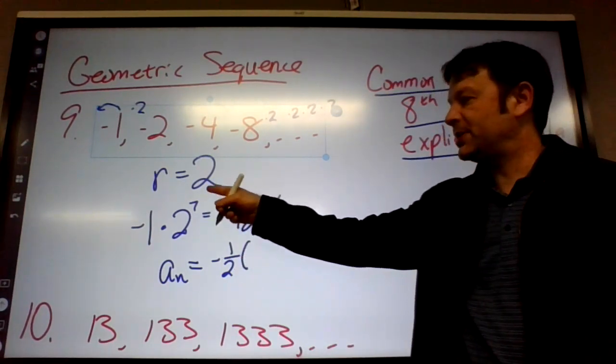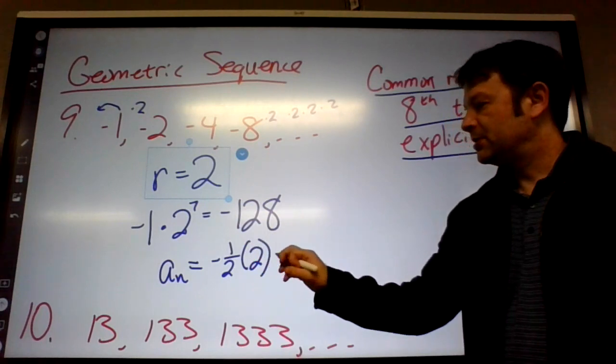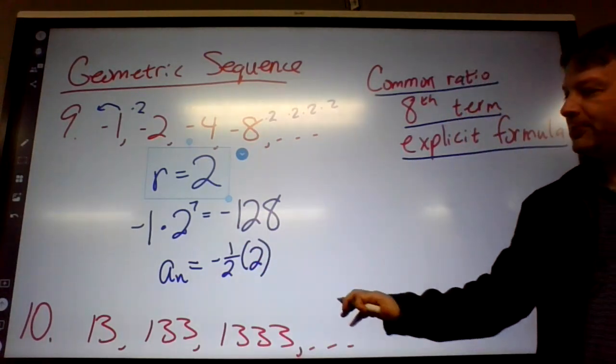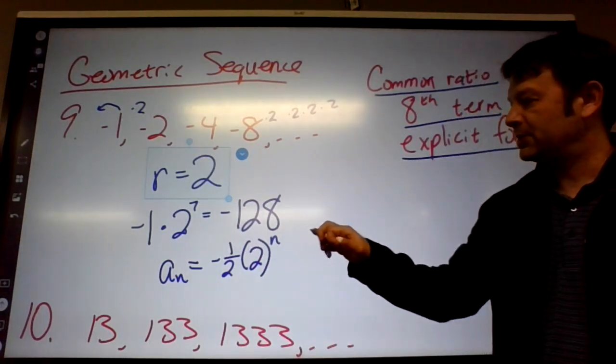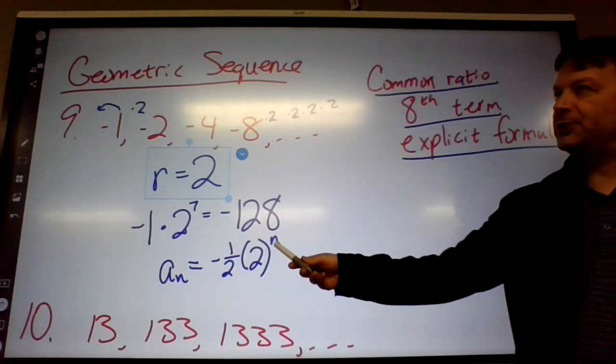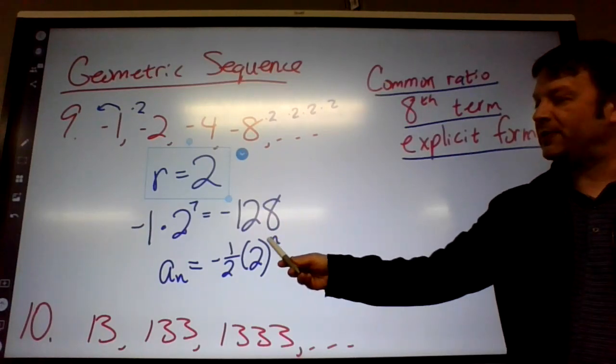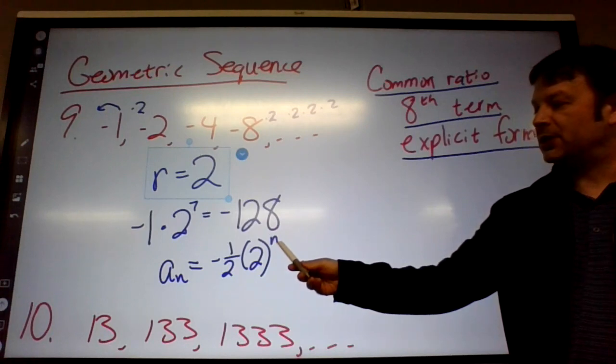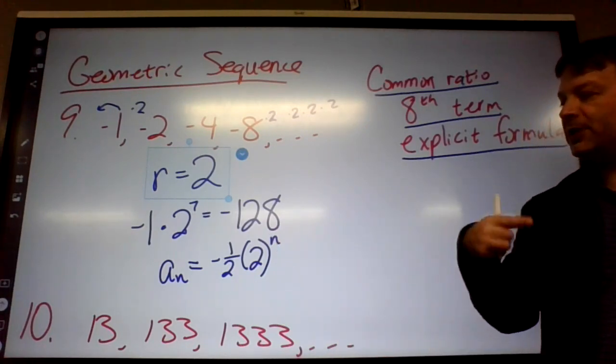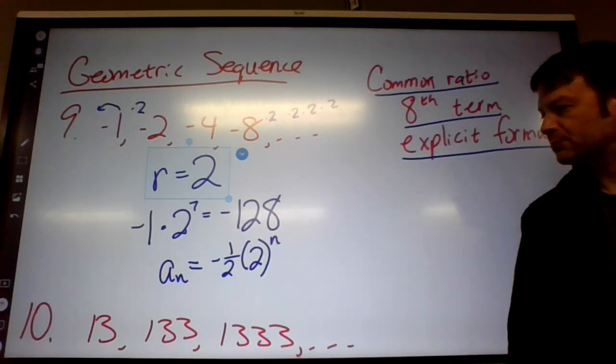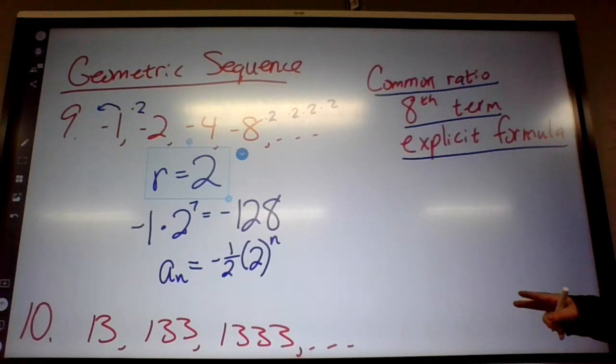Times, on this one it's times 2. How many times do I multiply by 2? N. So on geometric series, explicit formulas always have the n in the exponent, because you want to multiply by 2 over and over again. And that's what does it.